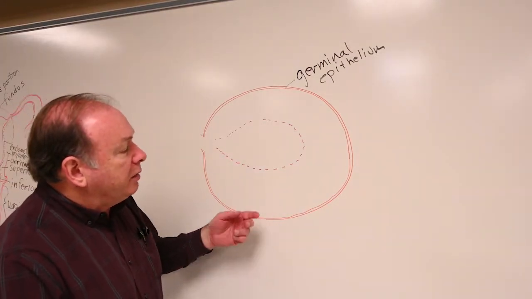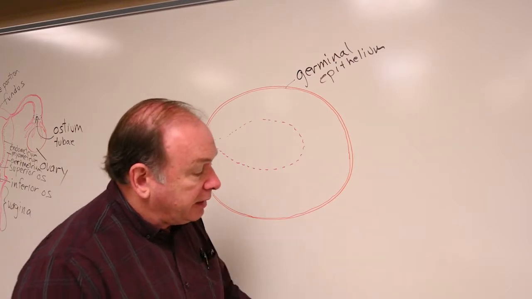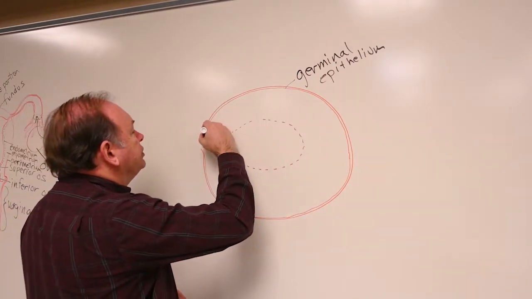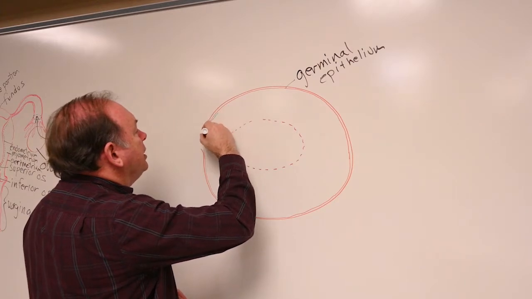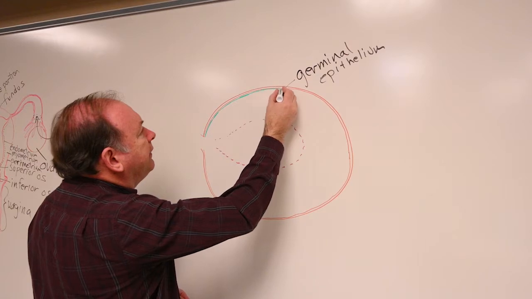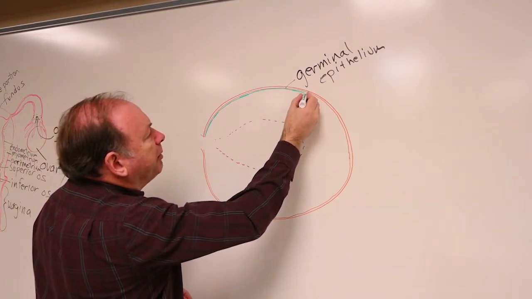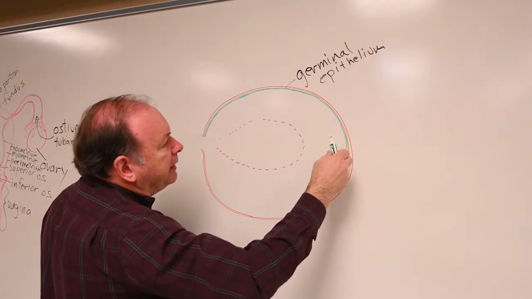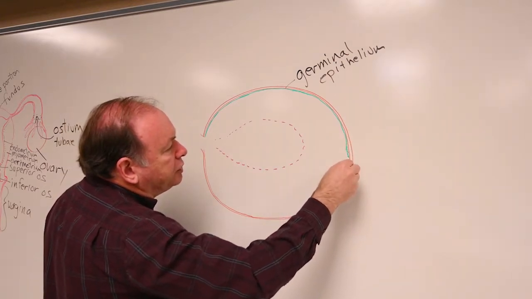And the zone immediately underneath of it, there's a layer of dense connective tissue. It's a very, very thin layer that the germinal epithelium rests on the outside. And this is referred to as the tunica albuginea.